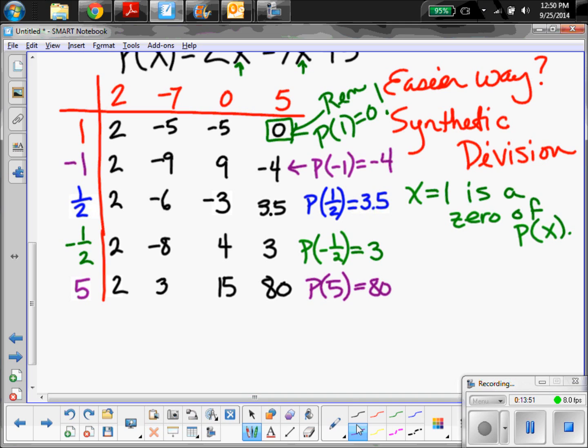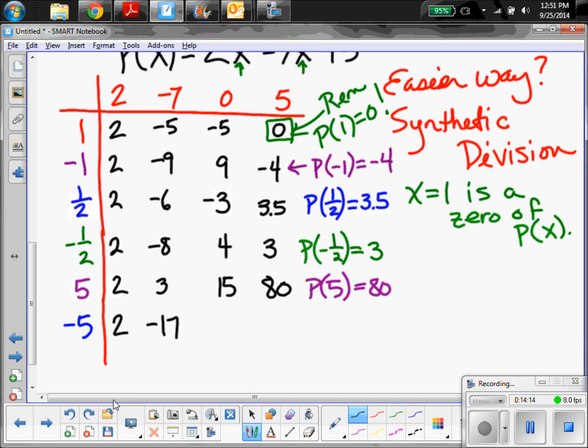Well, okay, 5 doesn't work. Let's try negative 5. Negative 5 was in my list. Bring down the 2. 2 times negative 5 is negative 10. Negative 10 plus negative 7 is negative 17.